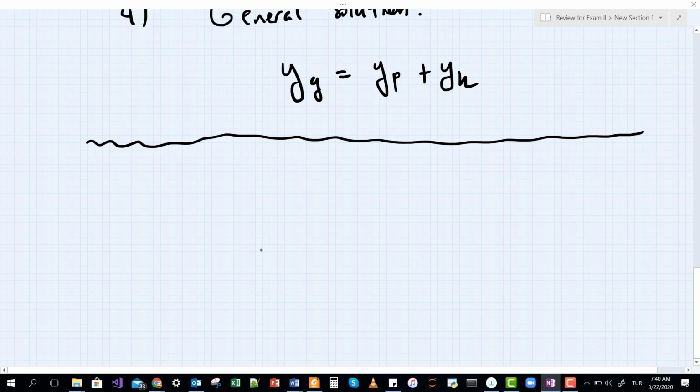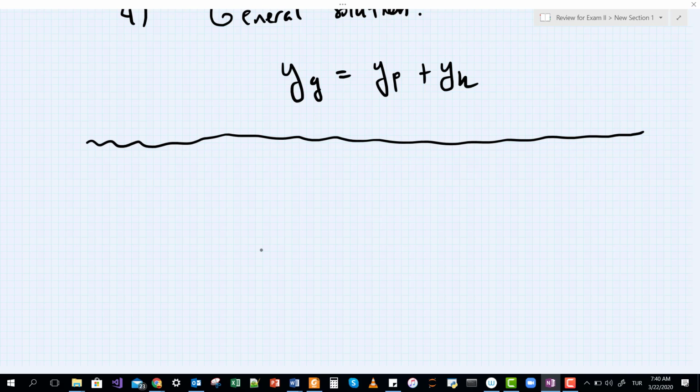We are going to learn variation of parameters, and then you will notice that there are some cases where you cannot use the undetermined coefficient technique. When could you use the undetermined coefficient technique? When you have elementary functions, like cosine, sine, polynomial, exponential. In that case, you're allowed to use the undetermined coefficient technique.